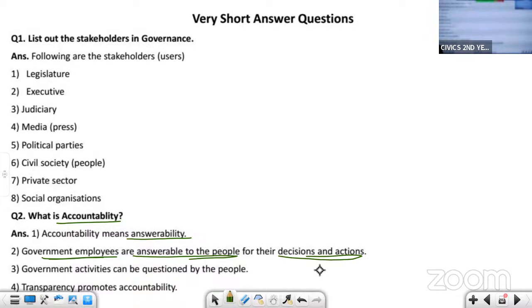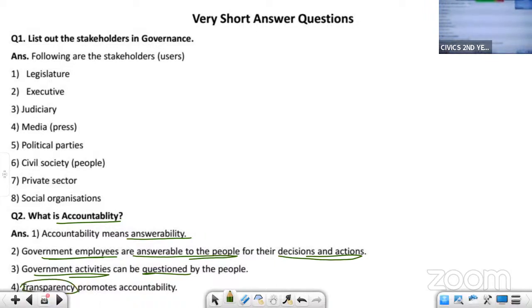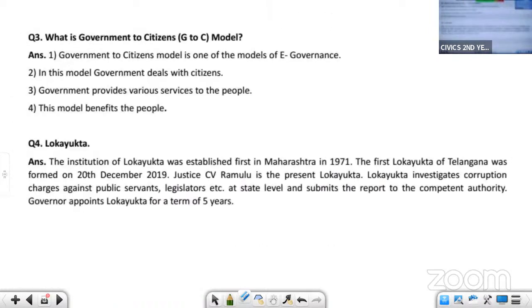And through RTI, the government activities can be questioned by the people. So this will promote transparency. Nothing will be hidden from the people. Everything will be in front of the people. So accountability promotes transparency.